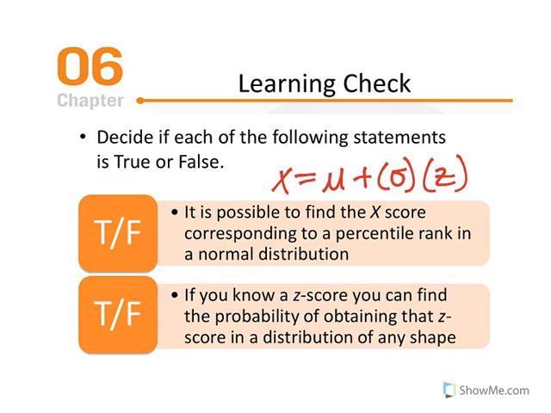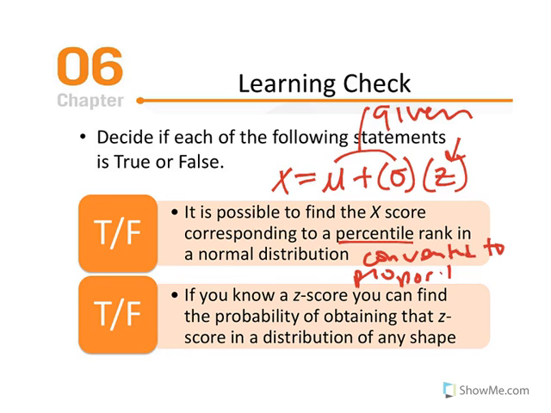So again, these will be givens, given values, and to find the z-score, we'll just need to convert that percentile rank into a proportion, which would then enable us to enter the unit normal table to find the missing z-score, and then we can solve for x. So that is true.